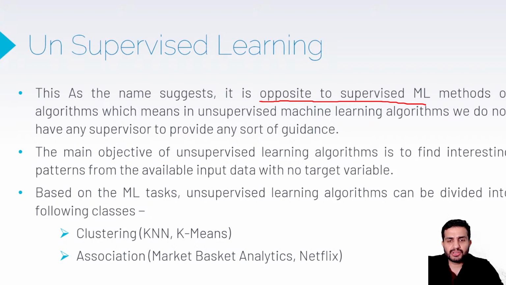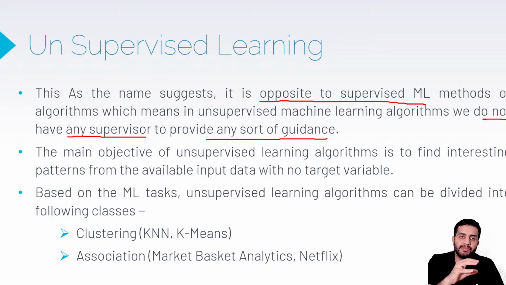When I say opposite, in supervised methods we have an output, but in here we do not have any supervisor to provide any sort of guidance. So in these scenarios, we do not have any output. We do not have any place to find out the relationship between my input parameters and the output because I do not have any output as such.